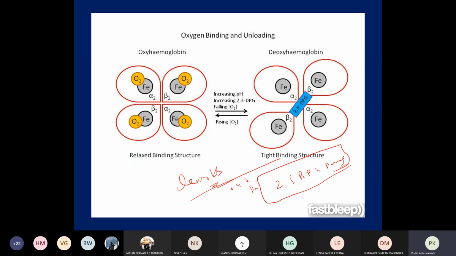This is the 2,3-bisphosphoglycerate pocket. 2,3-BPG is an anionic molecule. It decreases the hemoglobin affinity towards oxygen by stabilizing the T state. Only in the T state does hemoglobin have the 2,3-BPG pocket. That's where the 2,3-BPG binds and stabilizes the T state. As a result, hemoglobin affinity towards oxygen reduces.